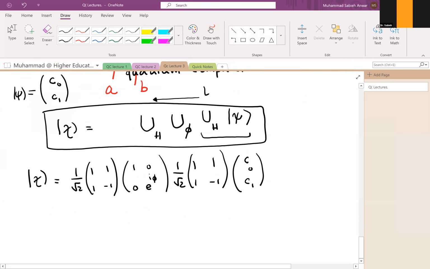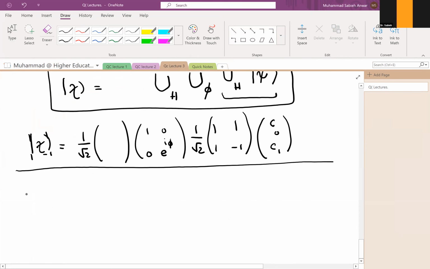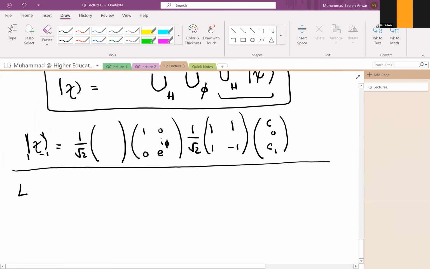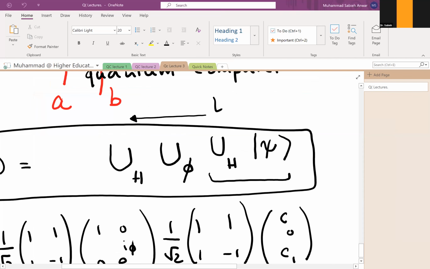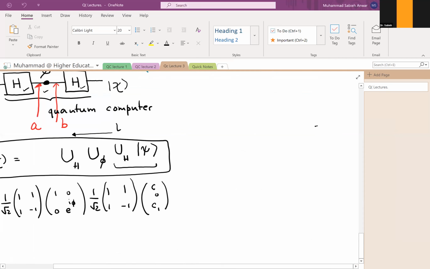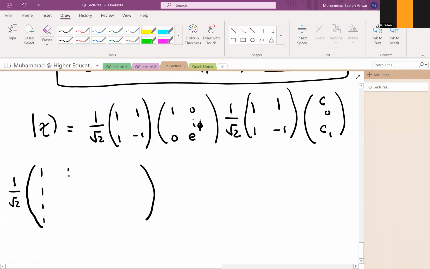So we've talked about quantum gates. If I were to write a 4 by 4 matrix, I'm putting 1 over root 2 outside the matrix, 1, 1, 1, 1.